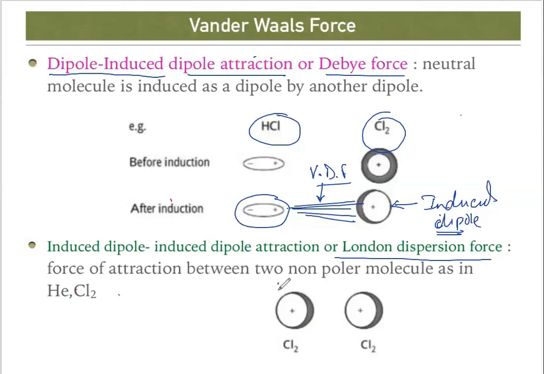So there is an induced dipole. The force of attraction between induced dipole and induced dipole is also a van der Waals force of attraction. And this force of attraction is very, very weak.